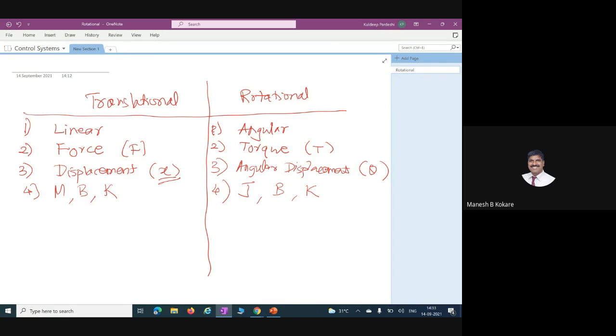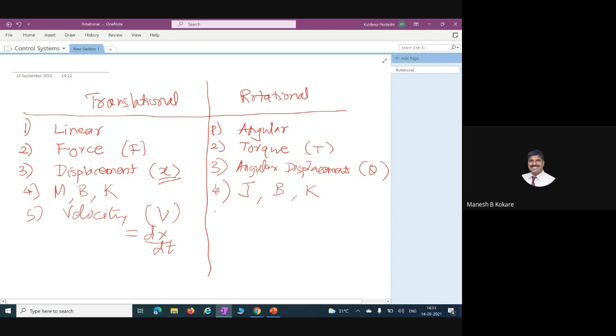Similarly, you have the dashpot element whose reactive force is directly proportional to the velocity. In the case of a translational mechanical system, velocity is represented by v, and this velocity is nothing but dx by dt, which is the derivative of displacement.